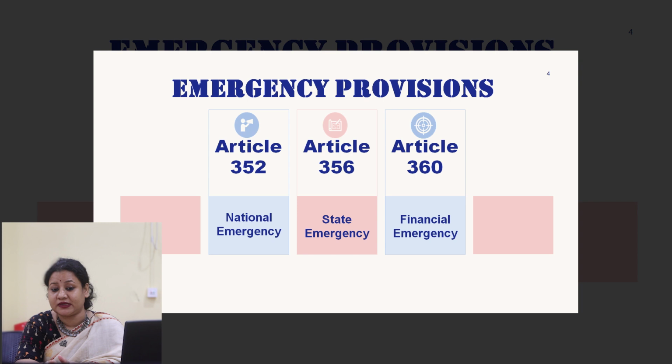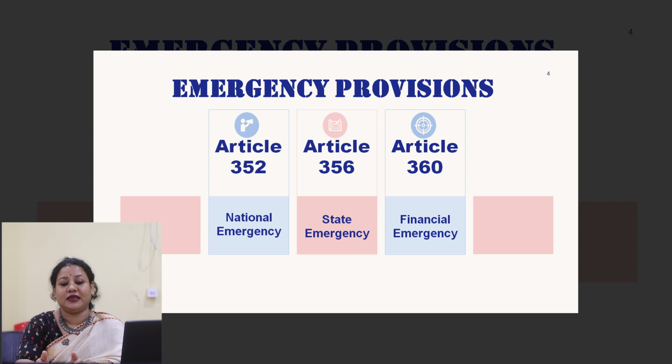Second point, state emergency. What is state emergency under Article 356? When a particular state is not able to run the government according to the constitution, then the president has the power to declare a state emergency in that particular state. When it is declared, the central government has the power to make laws on or to run the government of that particular state.